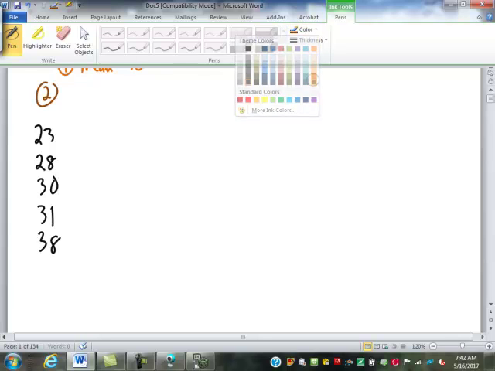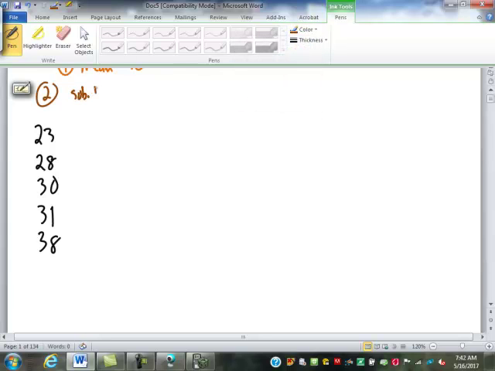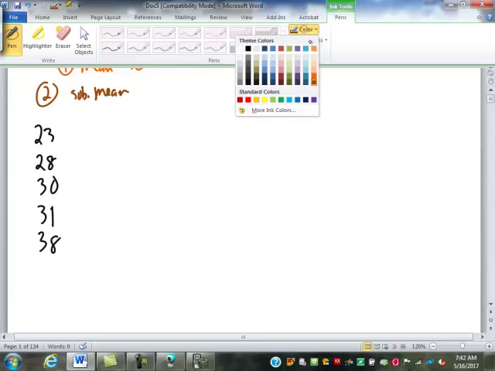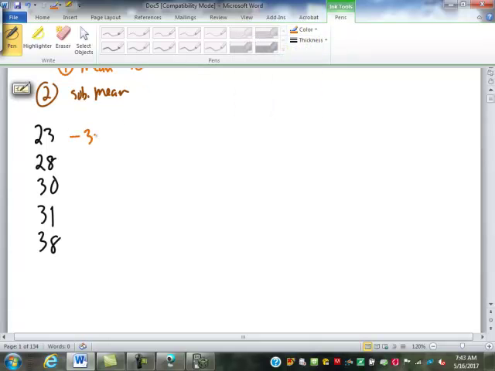And we are going to subtract the mean from each. So 23 minus 30 is -7. 28 minus 30, -2. 30 minus 30 is 0. 31 minus 30 is 1.